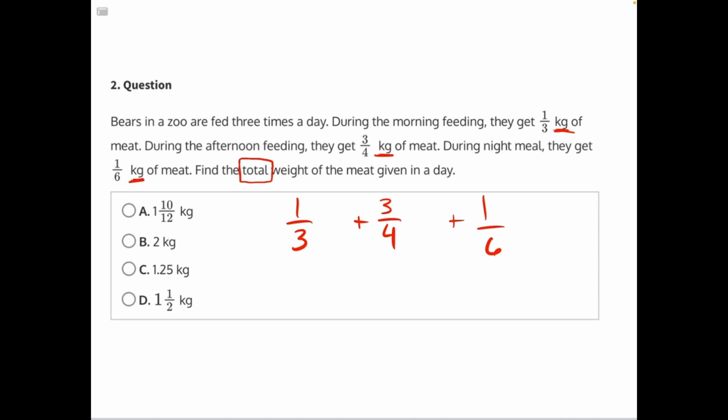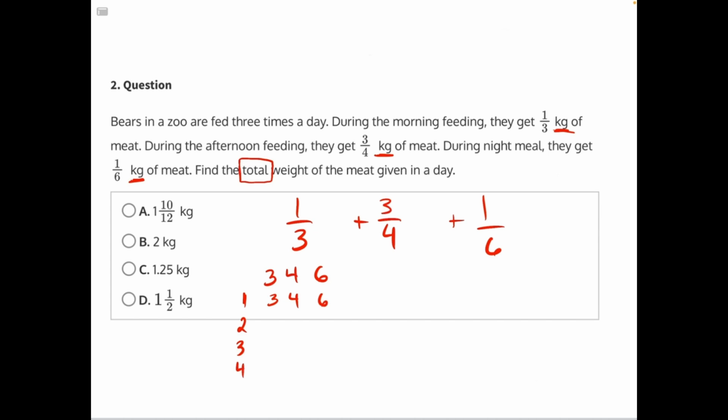To add these three fractions together, we're going to need to find a common denominator among all of them. So let's find the least common denominator between 3, 4, and 6. Let's start by multiplying all these numbers by 1. That would just give us 3, 4, and 6. Multiplying by 2, let's go up to 4 for each of these.